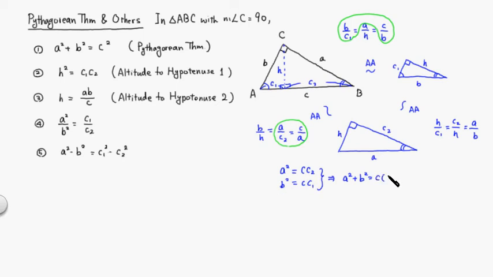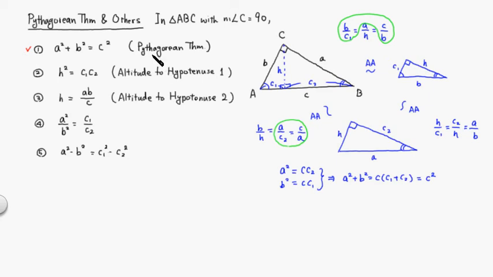Factor out c, then you have c times c1 plus c2. But c1 plus c2 is exactly the same thing as c, so you get c times c, so c squared. That is the Pythagorean theorem. So we could verify the Pythagorean theorem there.